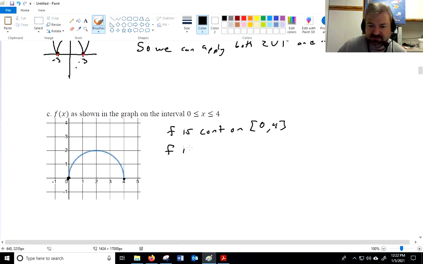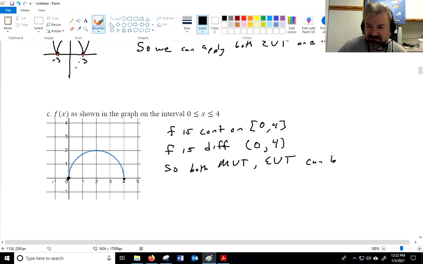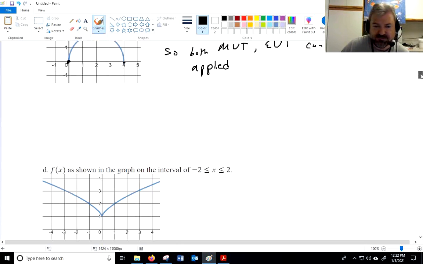And for me to be able to use the mean value theorem, I have to have differentiability everywhere except those endpoints, which are not required. So both mean value theorem and extreme value theorem can be applied. And we can see, in fact, that we do have an absolute max. And yet again, we have that same situation where we have a horizontal tangent line predicted by the mean value theorem. And it definitely happens.